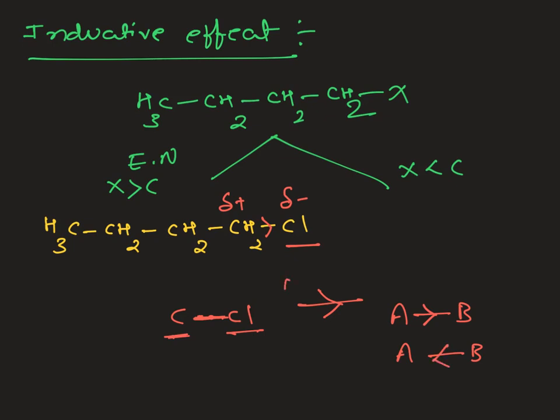This is the notation for inductive effect. It always gives information about which group or atom side the shared pair of electrons is displaced towards, and this is the notation we use in chemistry to explain inductive effect. Here chlorine is more electronegative than carbon, and the bonded pair of electrons is displaced towards the chlorine side.